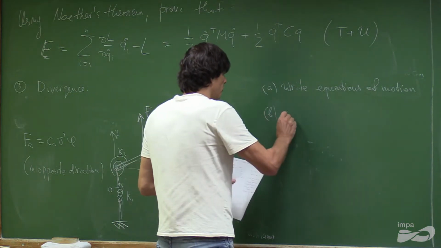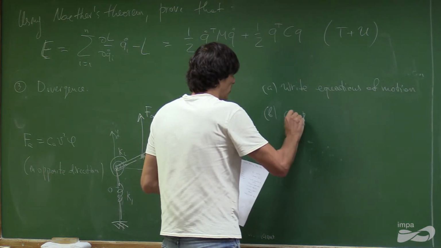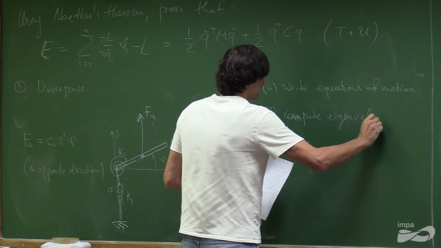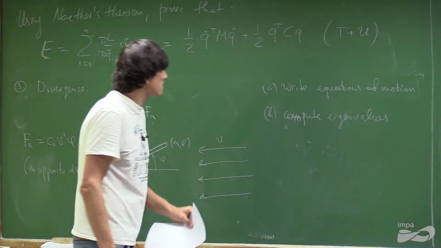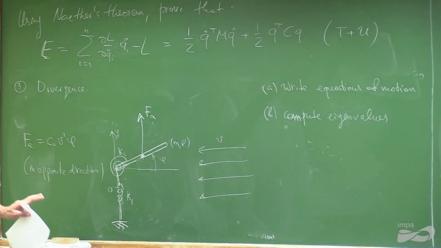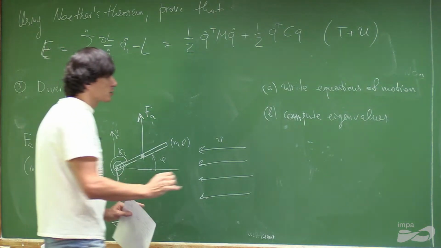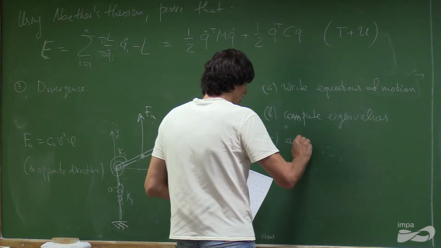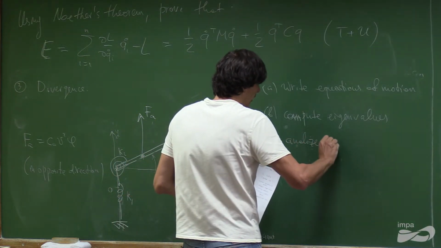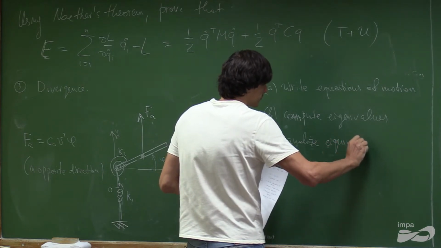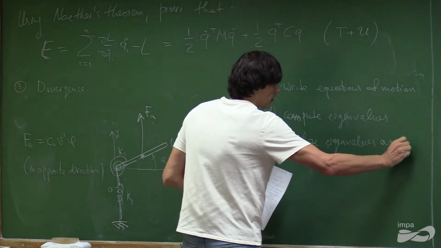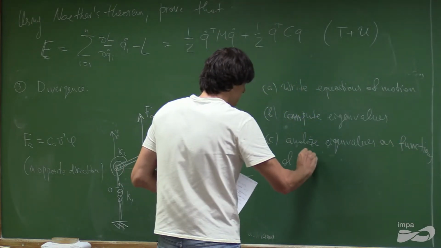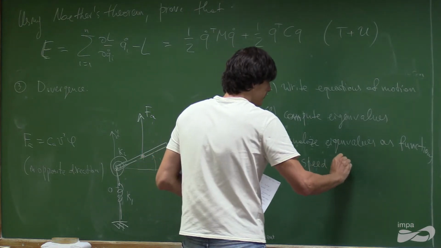B, compute eigenvalues. There will be a similar formula, but different, because some signs will be different, so some values will be different. And C, analyze eigenvalues as functions of speed v.